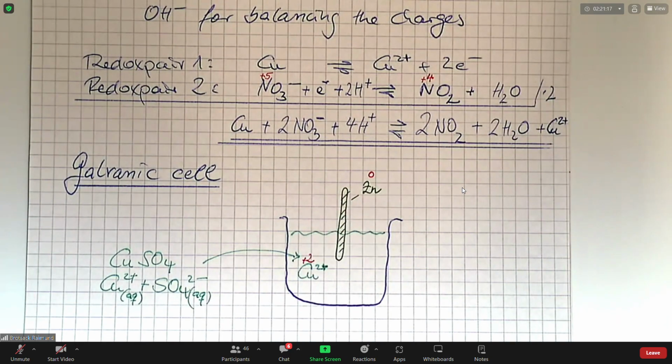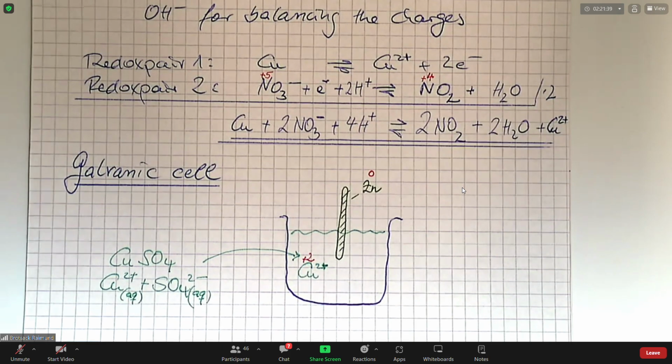Now, what are you expecting when I have a setup like this? Reaction, yes, but what? What happens? Zinc will be oxidized, and what happens to the copper? It will be reduced.